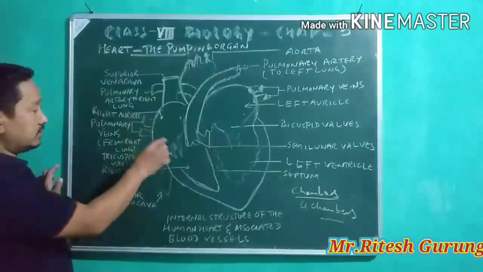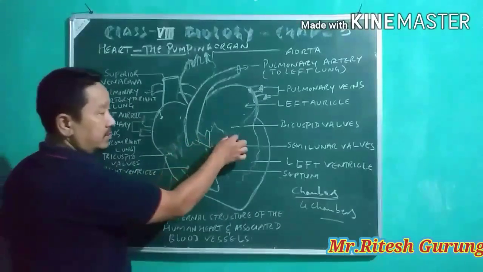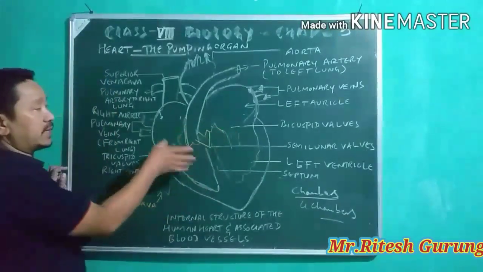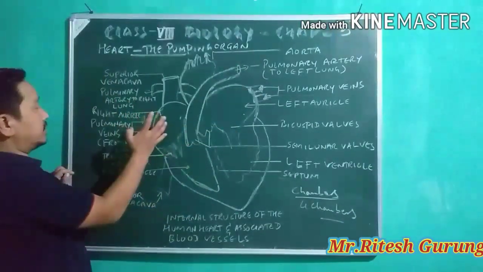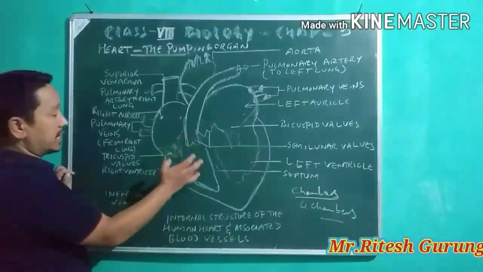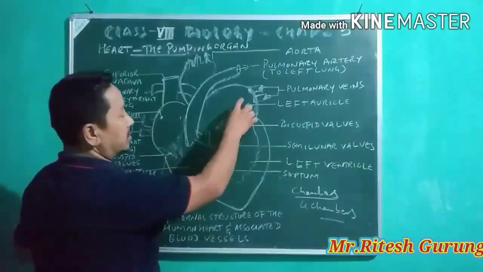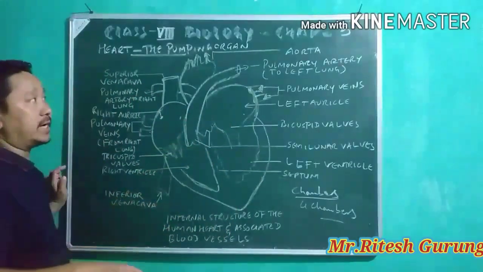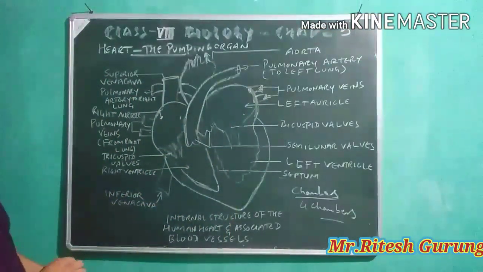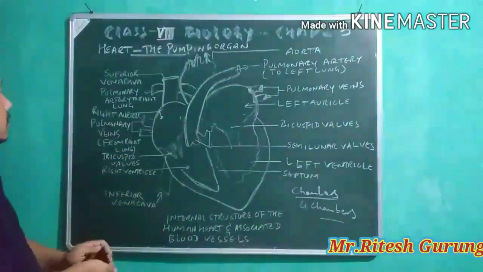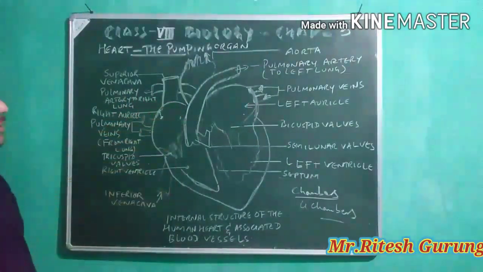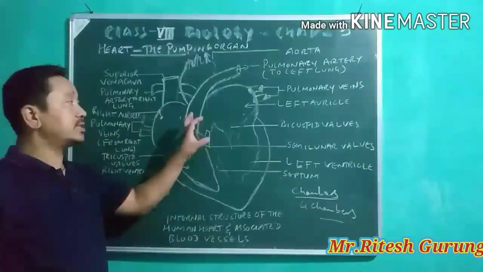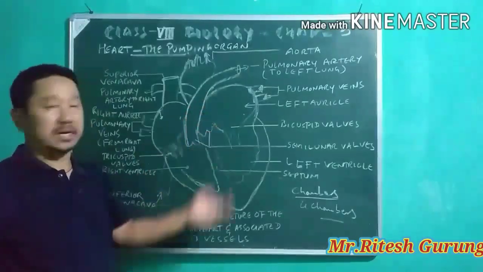Then your tricuspid valve and bicuspid valve separate the right auricle from the right ventricle and the left auricle from the left ventricle respectively. That's what I have told you. This is all about the chambers and the other associated parts you find in the heart.